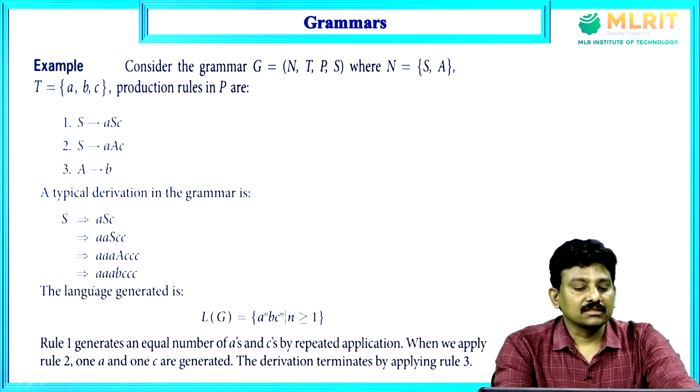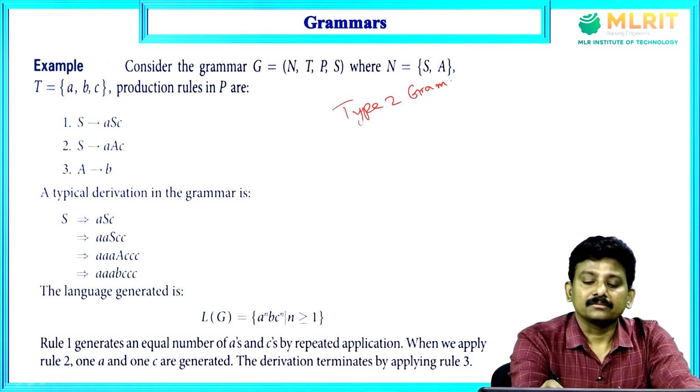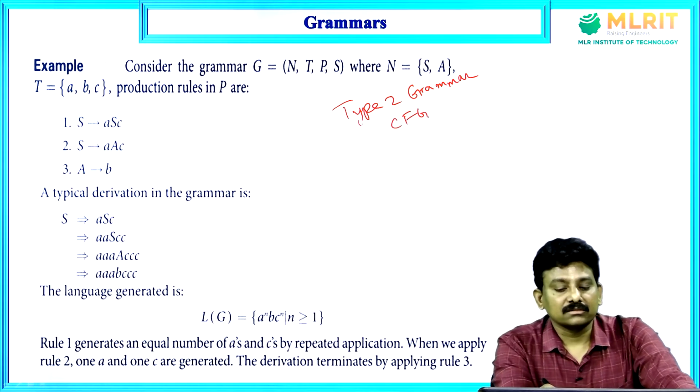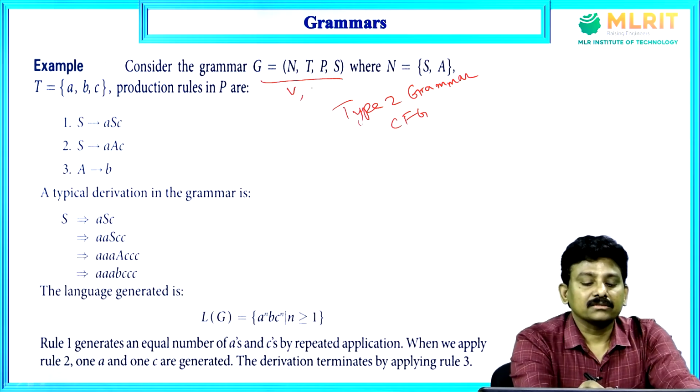Next, consider this example. This is a type 2 grammar, or CFG, context free grammar, where G is equal to (N, T, P, S).